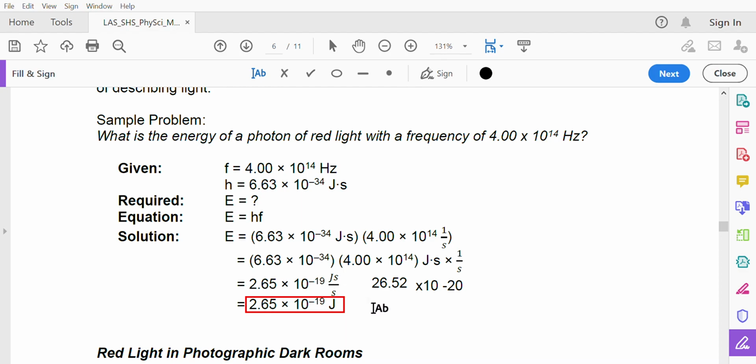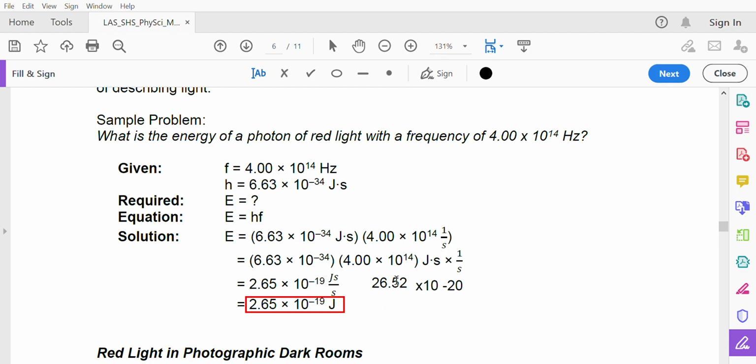In this case, the s and the s will be cancelled, and what is left in your answer is joules. Now your question would be, why is it that the 20 becomes 19?